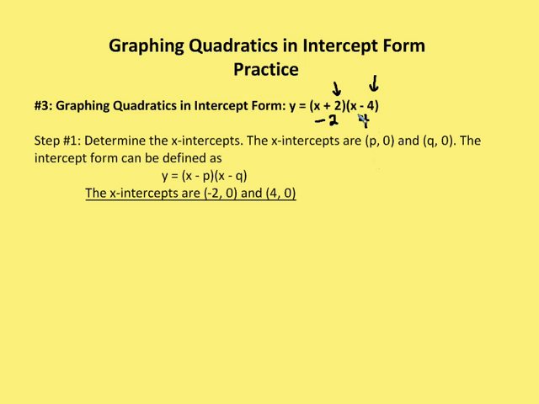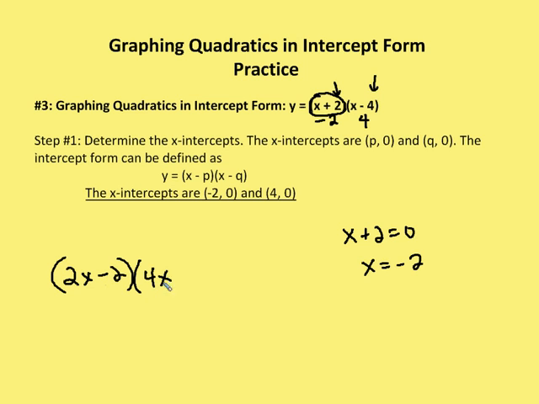What we're really trying to find is the value that makes this particular factor equal to 0. So all you have to do is set x plus 2 equal to 0 and solve for x. You get x is equal to -2. If I had something that looked like 2x minus 2 times 4x plus 2, then 2 and -2 are not our zeros, because what we want is to use the zero product property, which says that anything times 0 is going to be equal to 0.